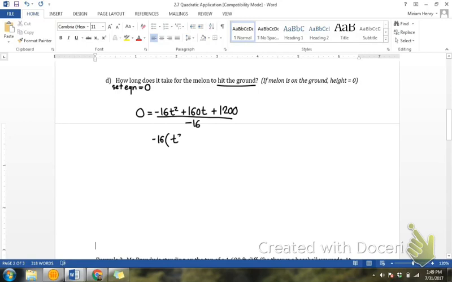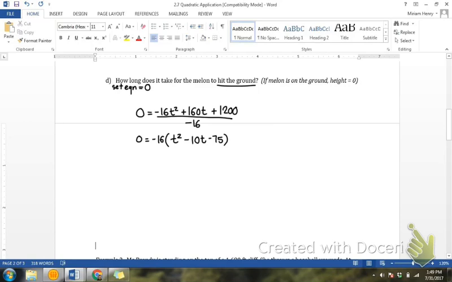So we get a positive t squared minus 10t. What's 1200 divided by negative 16? Negative 75. We have equal to 0. Now, we can divide by 16, right? If we divide both sides by 16, what's 0 divided by 16?